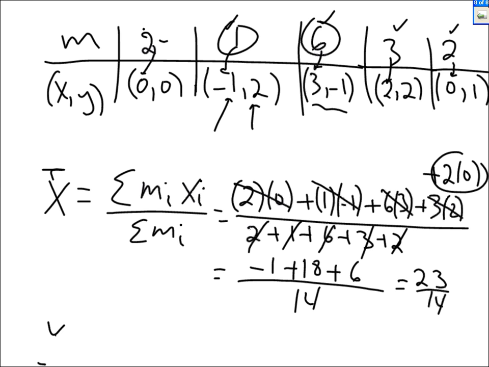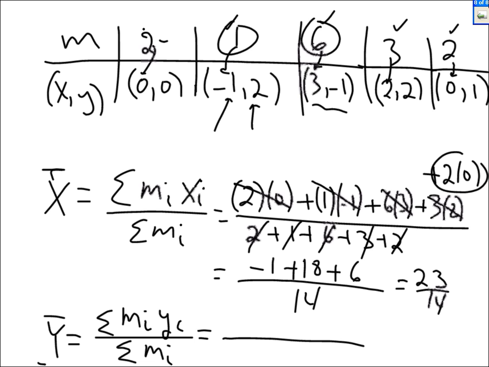Now, we also want to find y bar. It's the same thing. It's the summation of the masses times the y value where it's located, divided by the summation of the masses. Well, we just add up the mi's, we got 14. Now we're going to do the same thing that we did for the numerator, except for the y values.